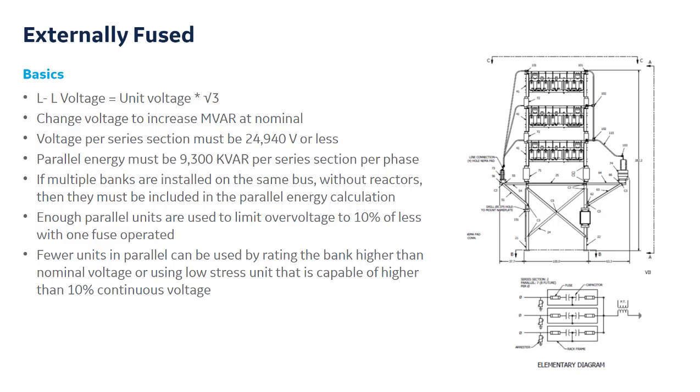Now, what you see here is your neutrals get tied together, and a PT monitors that for your protection. Over here, we had the line connection come into the arresters, and from each arrester in series, we came up to each phase.